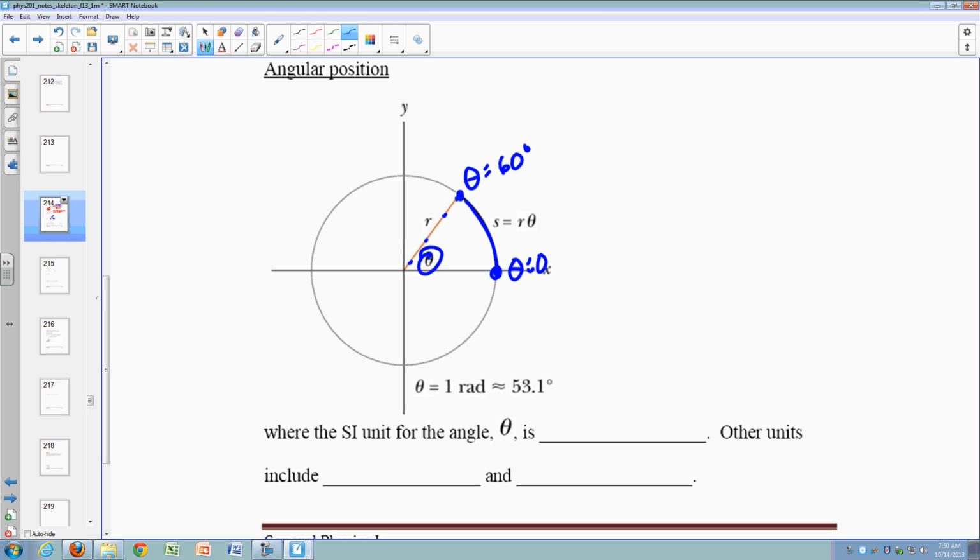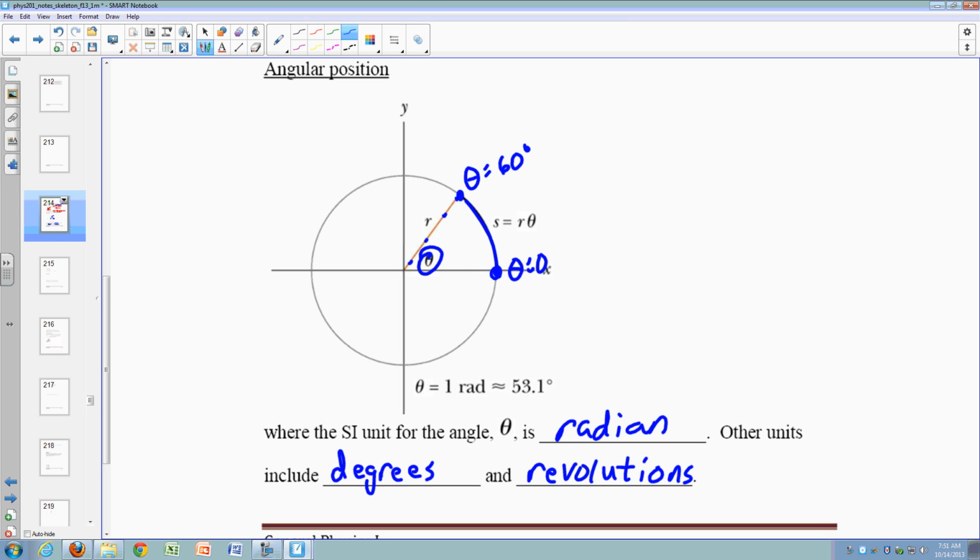Now the SI unit for the angle is, anybody know what the SI unit for theta is? In the SI system? I want to venture a guess. It's radians, right. So the SI unit is the radian. And other units include, of course, degrees, which we'll use, and revolutions. So we'll use all three of those, and you'll need to be able to interchange between them readily.